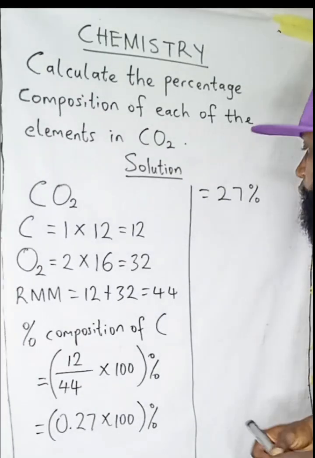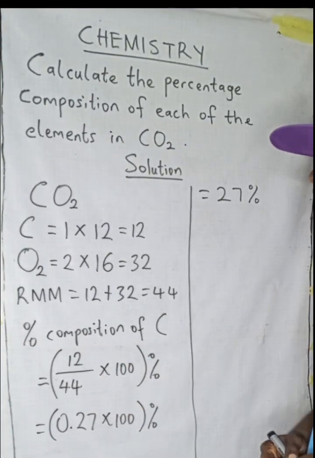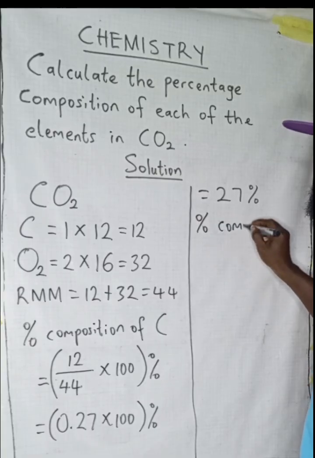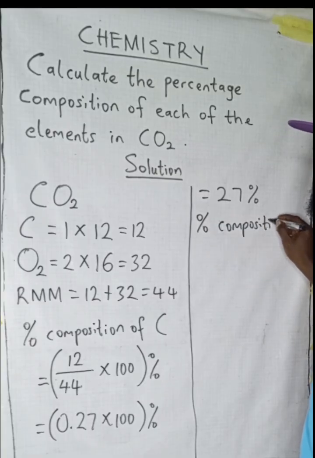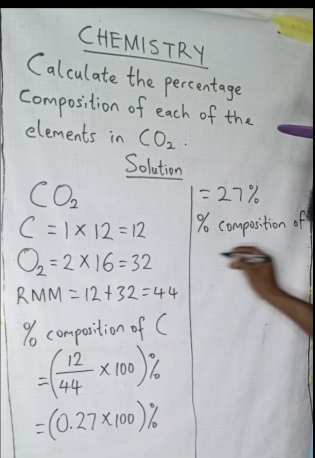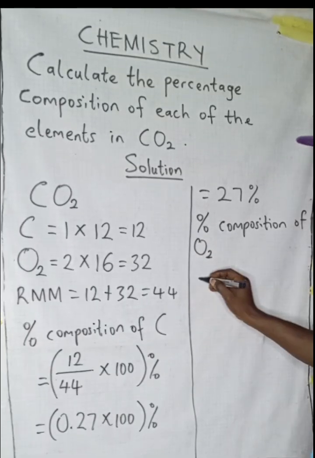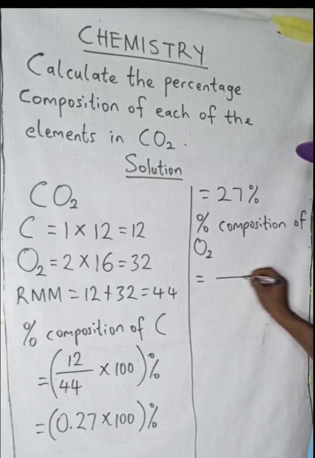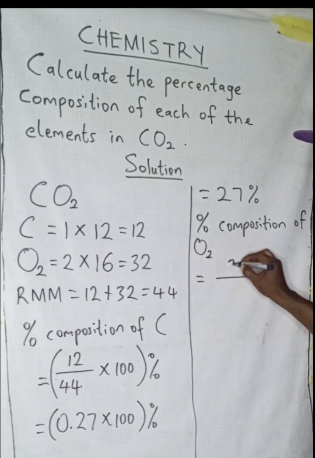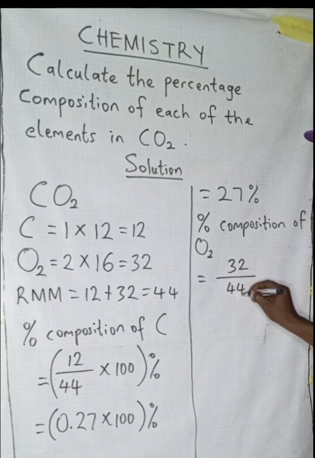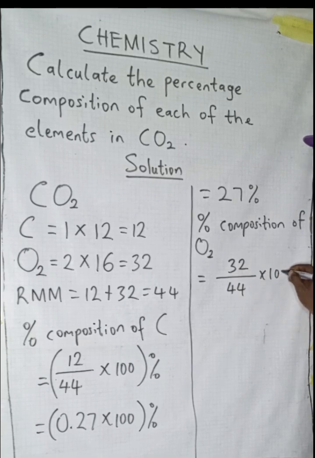But let's do it this way, the way we did it here. So percentage composition of oxygen, what will it be? It's going to be 32 all over 44 times 100.